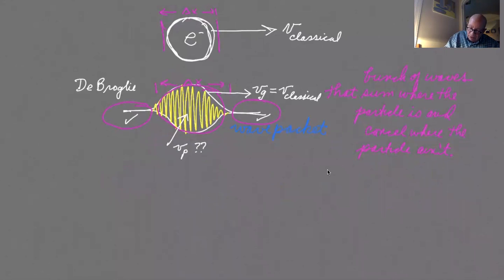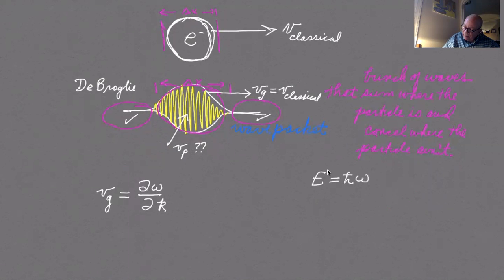Okay, all right. So let's begin to put some mathematics to this. Okay, so we know from our previous discussion that the group velocity, and I'm going to write this as a partial now, is d omega dk. Okay, and we know that E is equal to h bar omega. All right, we're going to assume now the de Broglie hypothesis, which is p is equal to h bar k.